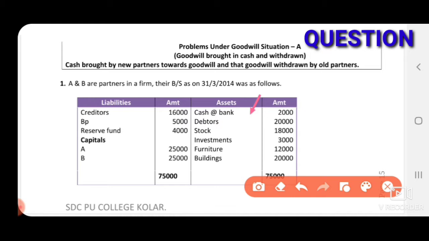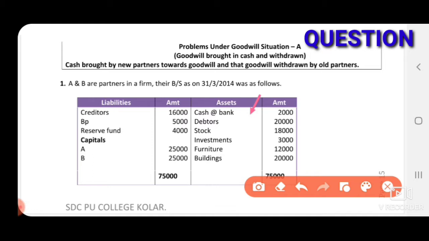That profit or loss is transferred to partners capital account debit side, that is loss. So it's clear that the assets and liabilities transfer to new balance sheet except 3 items, that is capitals of old partners, general reserve or reserve fund, and profit and loss.